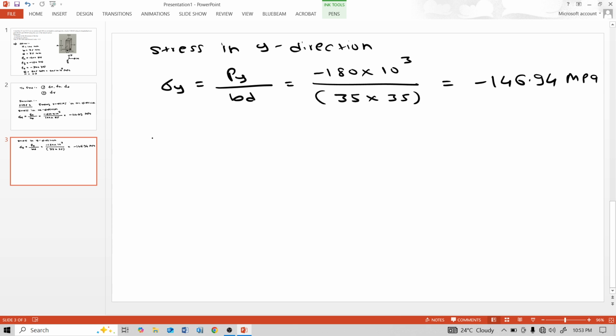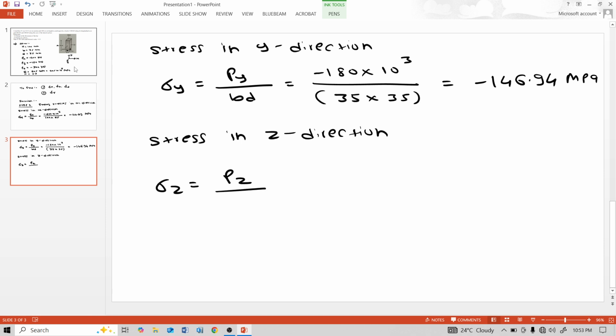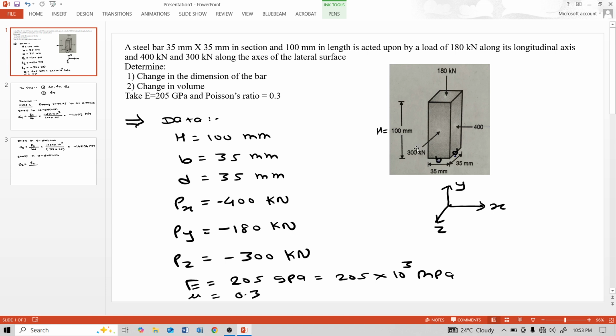Next, stress in z direction. Stress in z direction is sigma z, load in z direction divided by the cross-sectional area, this capital H into small b.